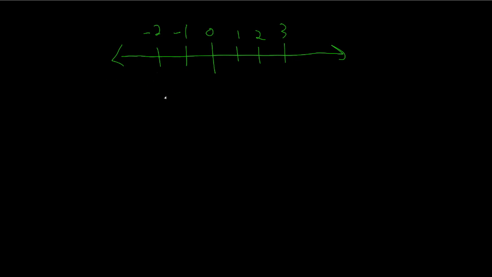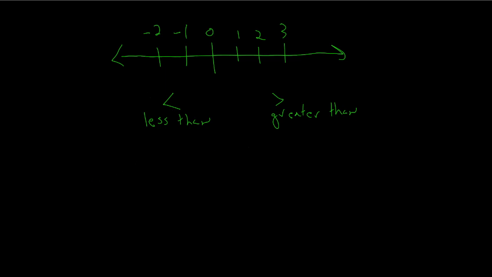And so I can say less than or greater than. Any number that goes to the right is bigger than some number that goes to the left. And so we can compare two numbers.